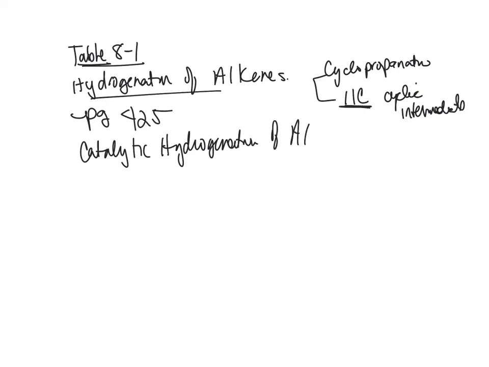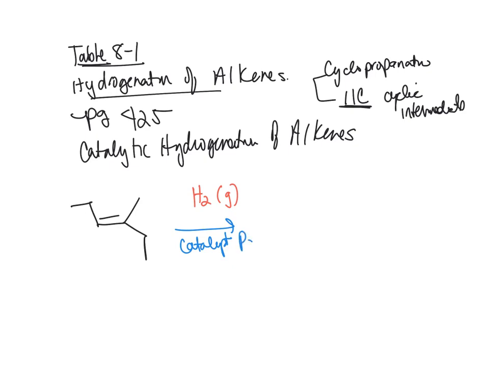Of alkenes, and I'd like for you to do a reaction sheet on that. So if we did our typical reaction here, the reagents you would use are hydrogen gas, and then you would use a catalyst. Your catalyst can be palladium, platinum, or nickel, so any of these three metals.